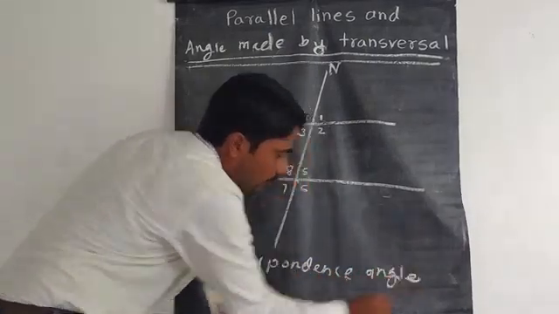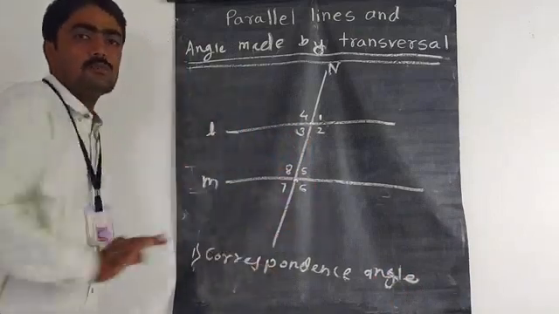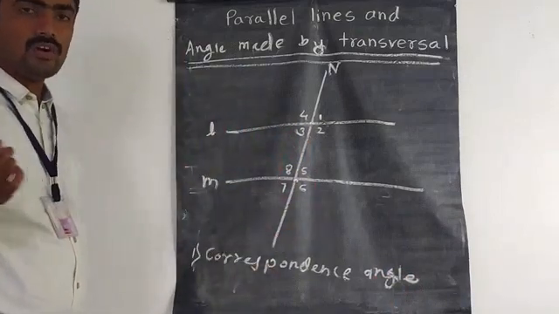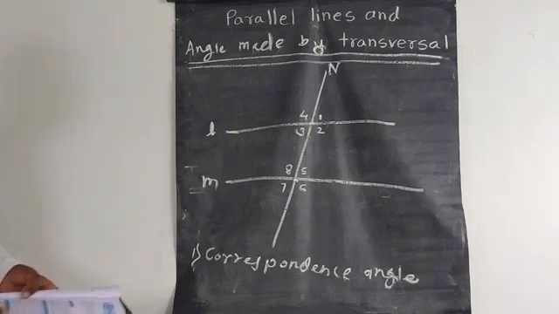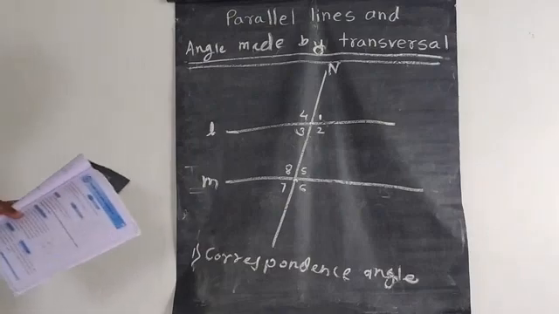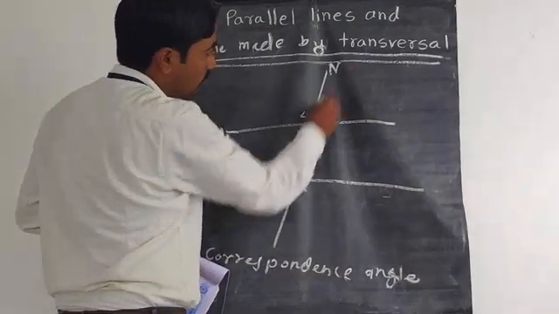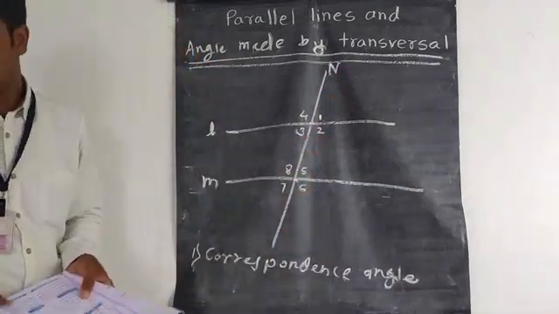See students, we are going to see first property of corresponding angles. What do you mean by corresponding angles? Anyone can tell me? Corresponding angles means, see students, if the arms of a pair of angles on the transversal are in the same direction and the other arms are on the same side of the transversal. आता आर्म्स ऑफ अँगल जर म्हटलं तुम्ही, करस्पॉन्डन्स अँगलची डेफिनेशन कशी सांगू शकाल तुम्ही?